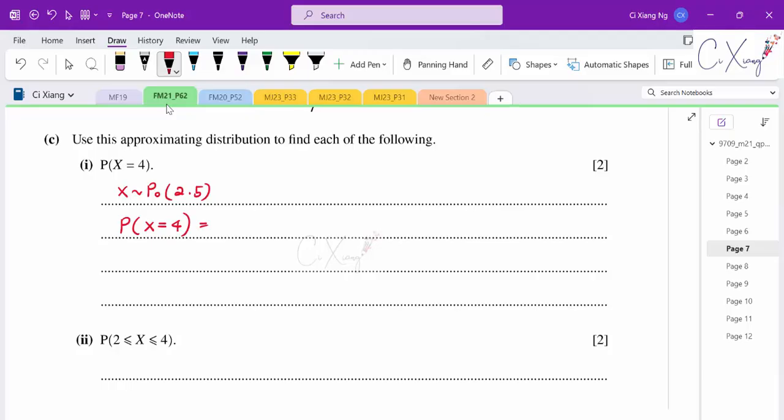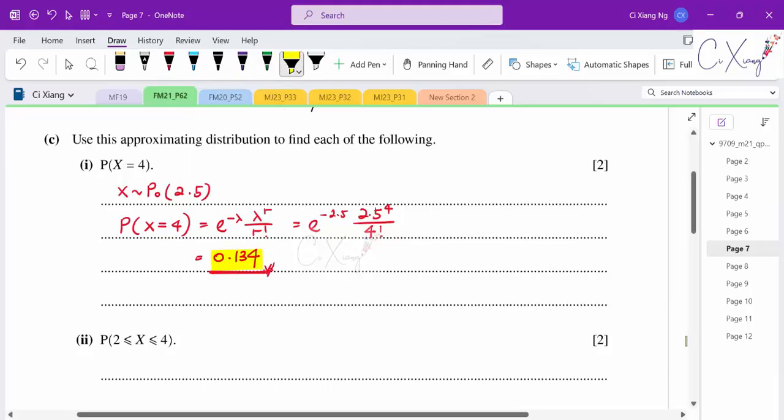The general formula is e to the negative lambda, then lambda to the power r, divided by r factorial. So for our equation, it will be e to the negative 2.5, times 2.5 to the power of 4, divided by 4 factorial. Simplifying and correcting to 3 significant figures, it should be 0.134. So this is a straightforward question.